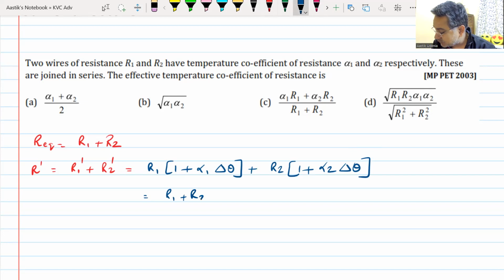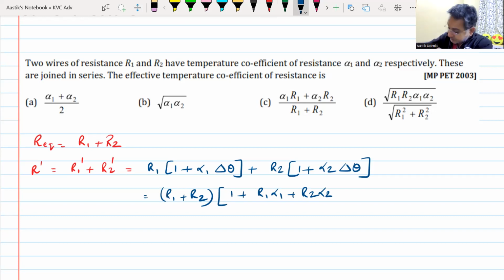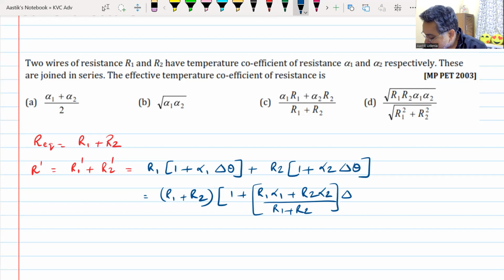R1 plus R2 can be taken common and it can be written as 1 plus (R1 alpha 1 plus R2 alpha 2) divided by (R1 plus R2), this entire thing multiplied by delta theta. Do we understand this?